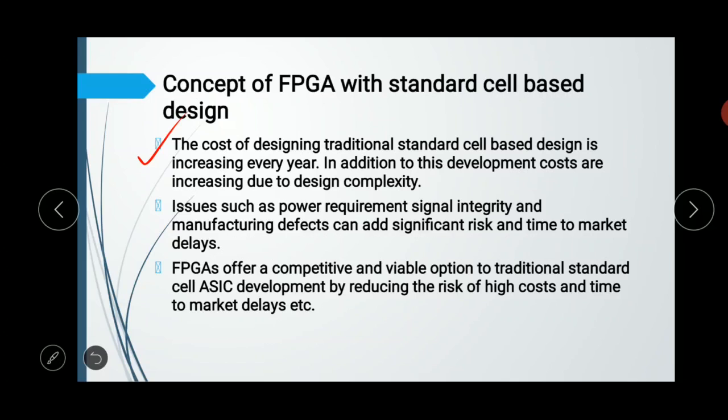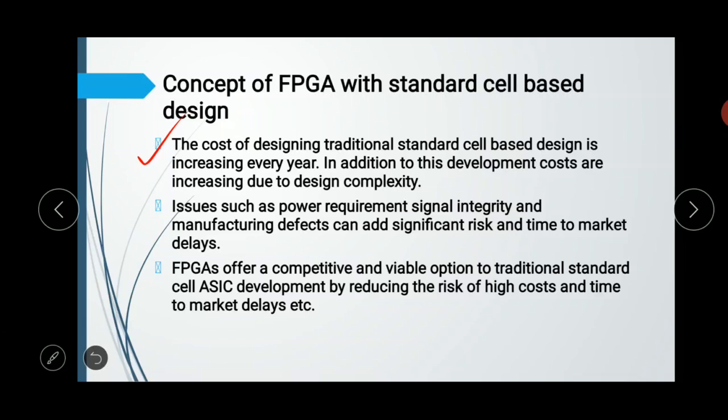In addition to this, development costs are increasing due to design complexity. Issues such as power requirement, signal integrity, and manufacturing defects can add significant risk and time to market delays.